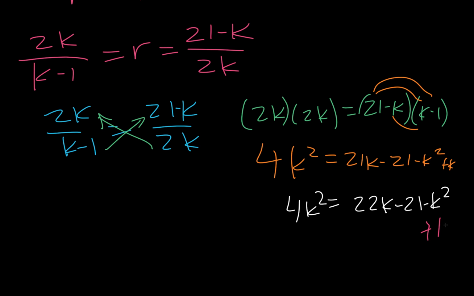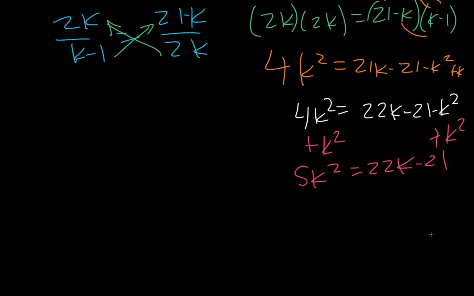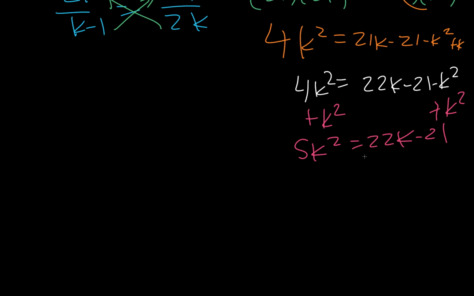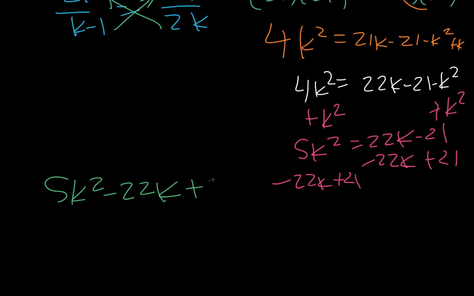So we're going to add k squared. So we get 5k squared equals 22k minus 21. Then we need to move everything over here. So minus 22k plus 21. And so we end up with 5k squared minus 22k plus 21 equals 0.